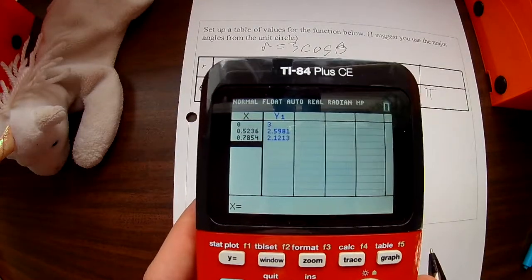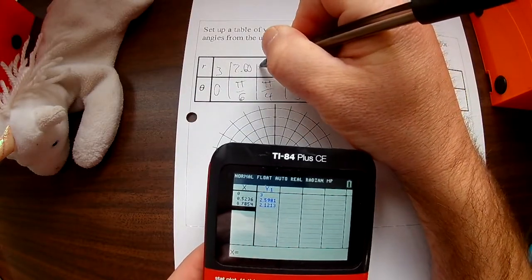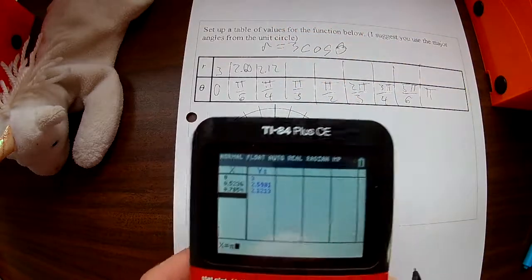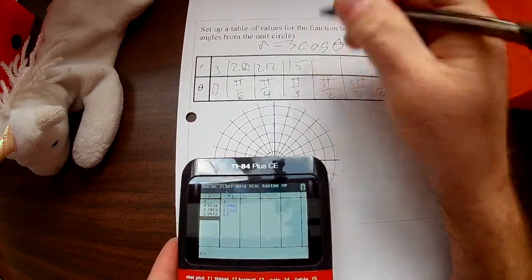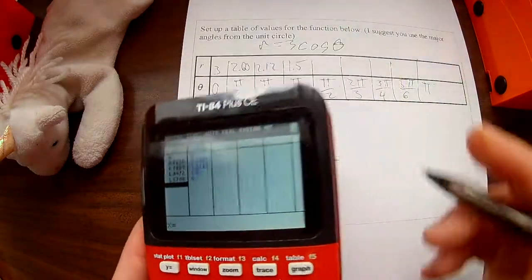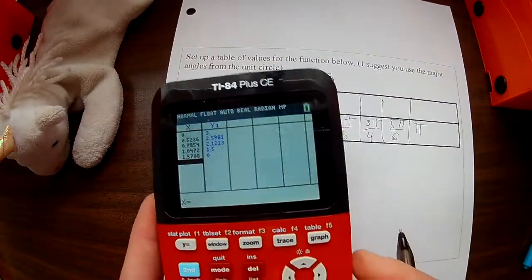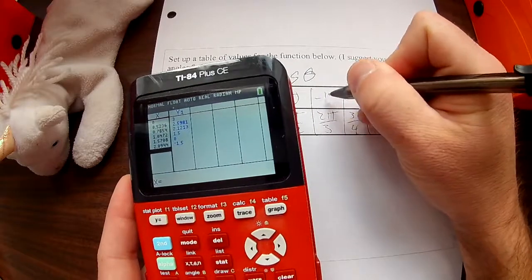Pi over 4. I like to write them down so that I don't forget which one is which. 2.12. Pi over 3. I've got 1.5. Pi over 2. I've got 0. 2 pi over 3. I've got -1.5.